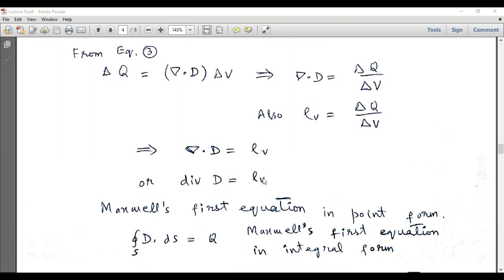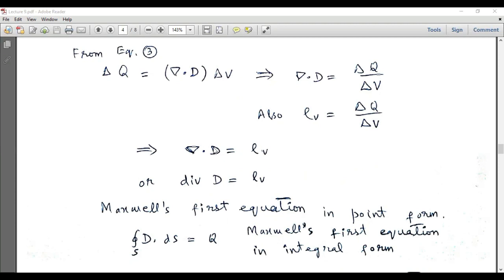Or we can say that the divergence of D is equal to volume charge density. So whenever we are taking the dot product of this vector operator with any vector quantity, it is called divergence. And if we are taking the cross product of this vector operator with any vector quantity, it is called curl.